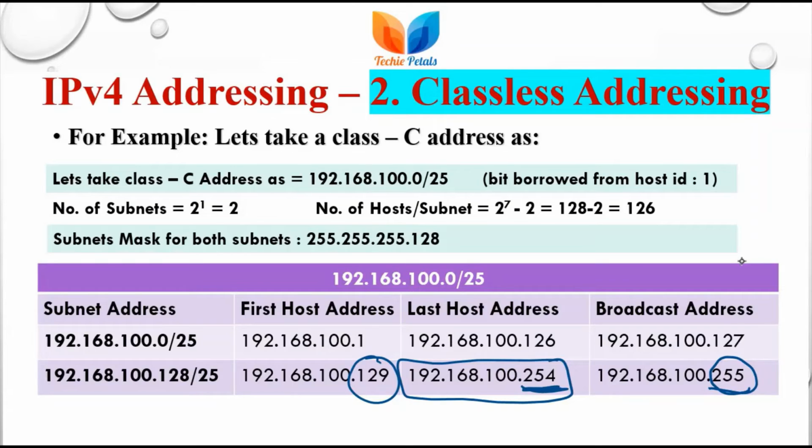Now you are ready to start the simulation with these two subnets. We are going to create these two subnets with 2 hosts per subnet, not more than that, just to avoid confusion. You can deploy up to 126 hosts, but we will be taking only 2 hosts per subnet, and 2 subnets are possible for this IP address.